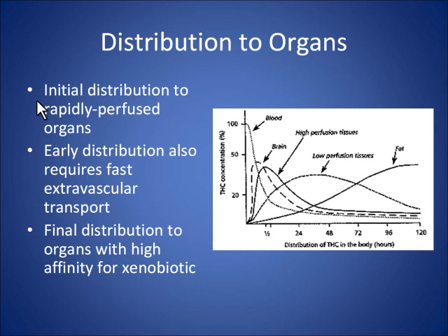This data illustrates an important principle, which is distribution is initially determined by relative organ perfusion and diffusion of the xenobiotic into the organ, and final distribution is determined by the affinity of the organ for the xenobiotic. These organ concentrations can be determined experimentally in animals, and this is often done in toxicology studies.